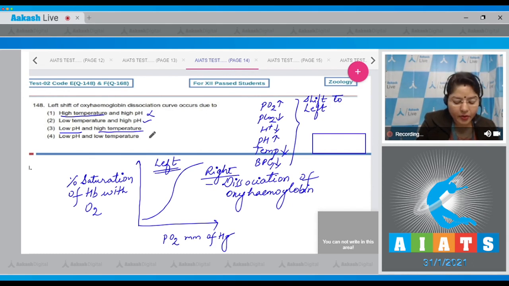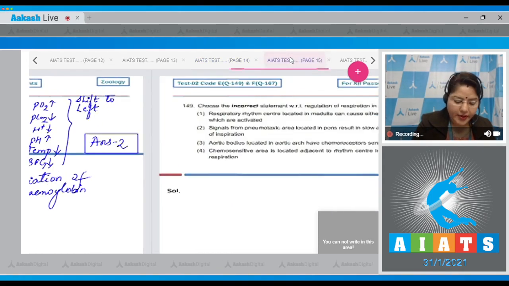This is incorrect because these factors are responsible for shift to right. Fourth option, low pH and low temperature. Low pH, this factor is responsible for shift to right. So this is also an incorrect option. So correct option to this question is option number 2. Let's move on to the next question.